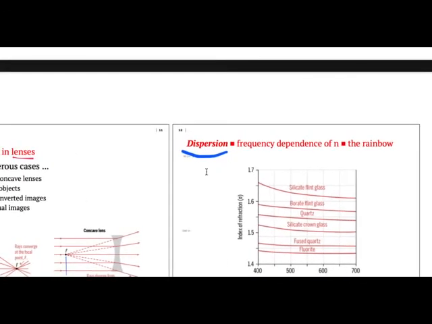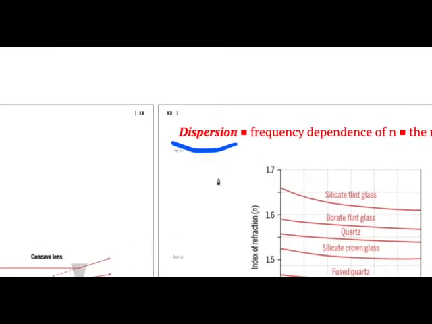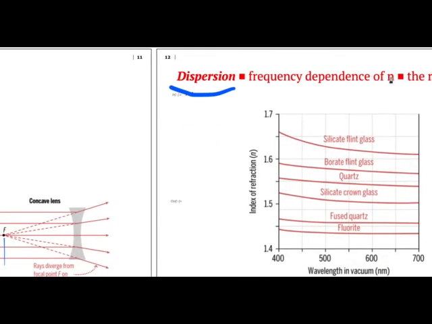The index of refraction of a transparent material, n, so remember n, the index of refraction, is the speed of light in vacuum divided by the speed of light in the material. n is always greater than 1.